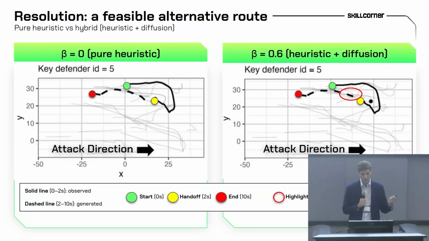On the left panel, we have the pure heuristic. On the right, we have the blend with the diffusion. At first I looked and I was like, well, is there even a difference? And then I guess it's good I didn't notice the main one, because you don't want it to suggest the defender run across the field away from the ball. So that was good to notice. But I circled the diffusion model and what it suggested.